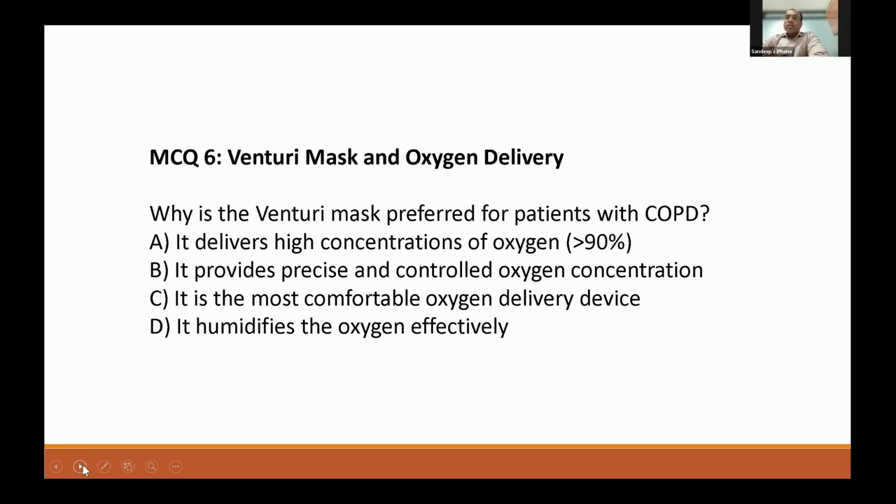One of the important ways is that patients of COPD are the majority of the time always having higher CO2, right? Their normal CO2 levels are going to be say 45, 50, 55. They are used to very high levels of CO2, higher than normal.